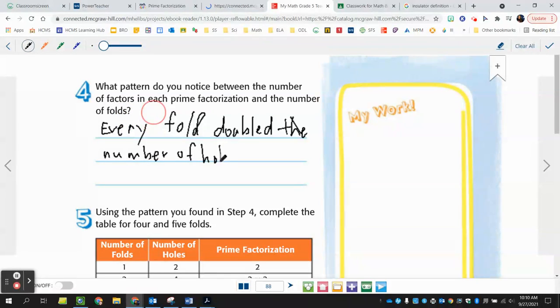And then when it comes to the prime factorization, if you look back at your chart, essentially you added a times 2, a multiply by 2, to the prime factorization.